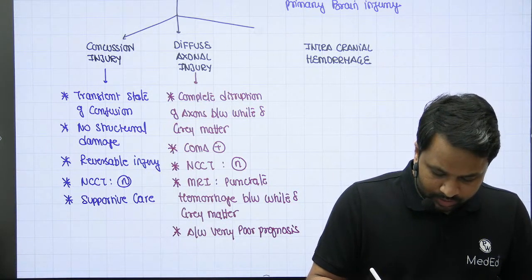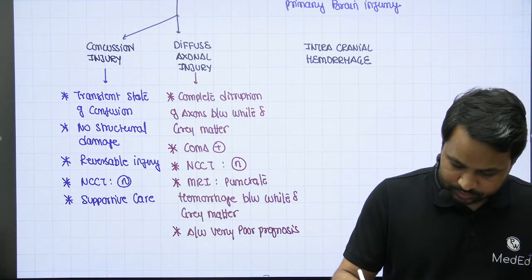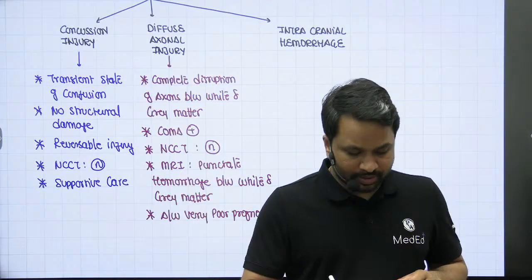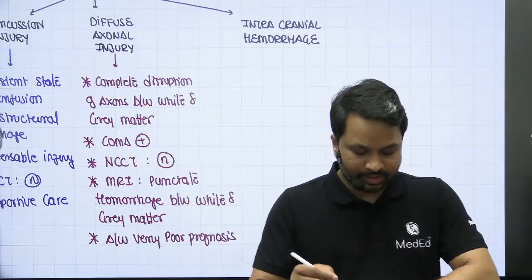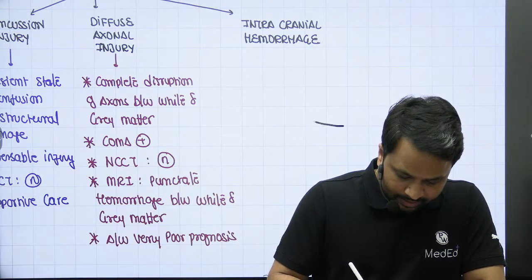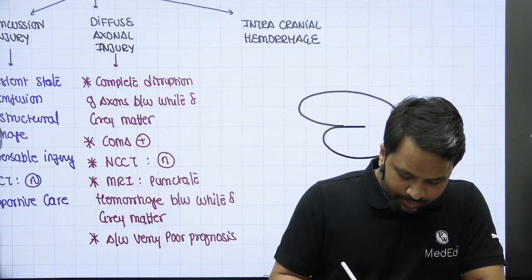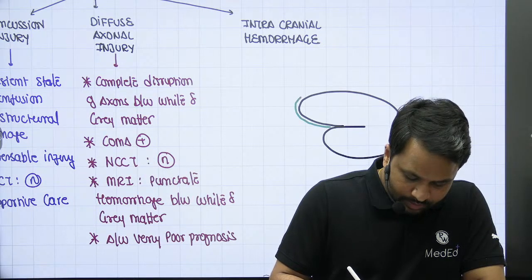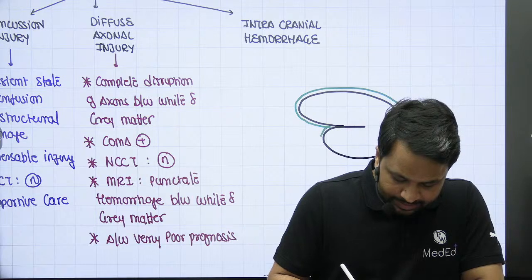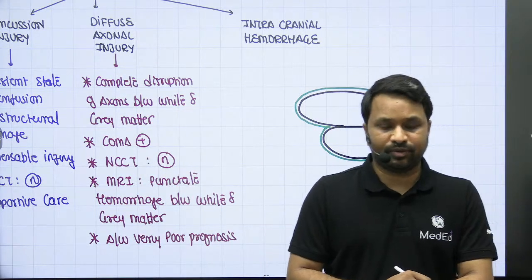So, we'll talk about the intracranial hemorrhage. Let's go from inside out. Let's say this happens to be the brain parenchyma. Surrounding the brain parenchyma, immediately next to it, is what we call the pia mater. In fact, the pia mater is inseparable from the brain.